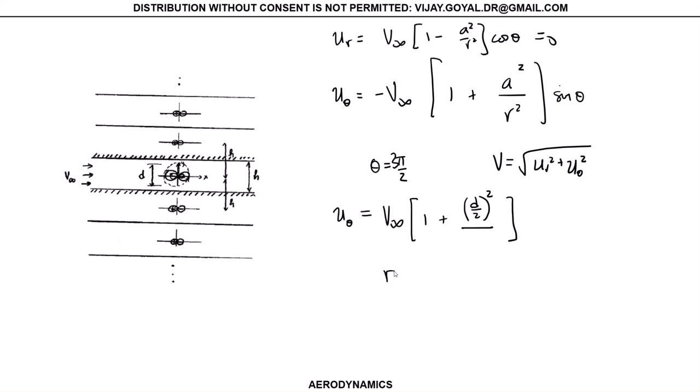Your r is equal to the square root of x squared plus y squared. We are located right here in the middle, where this is x and this is y. We want to do everything at x equal to 0, so r is equal to y, and this whole thing down here is equal to y squared.